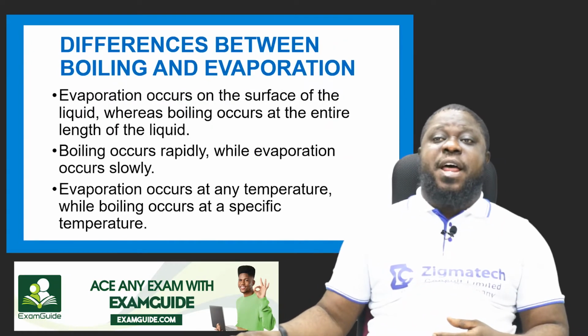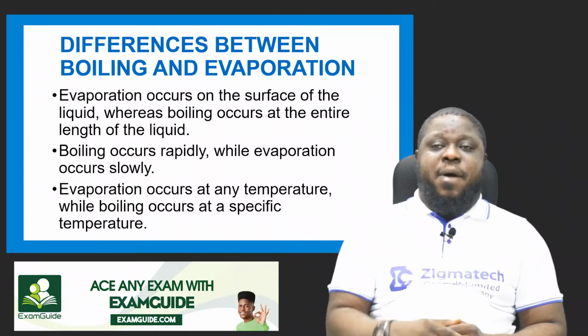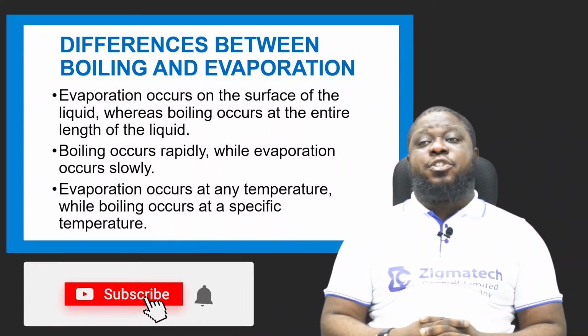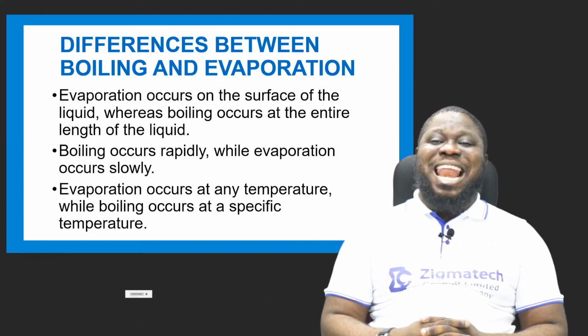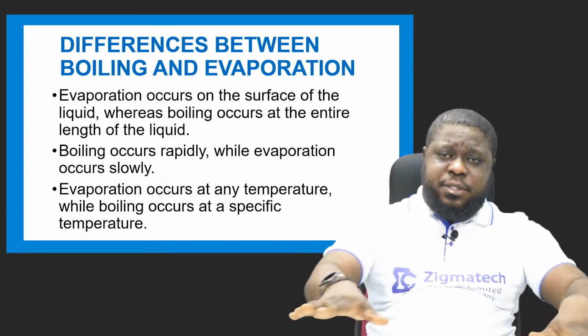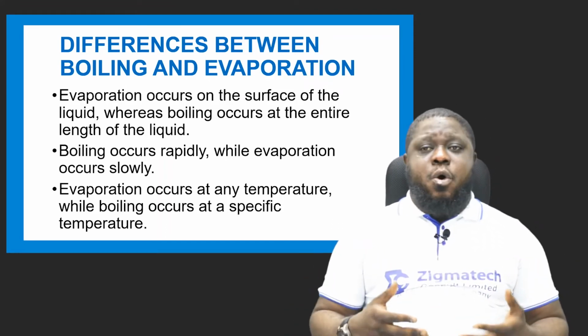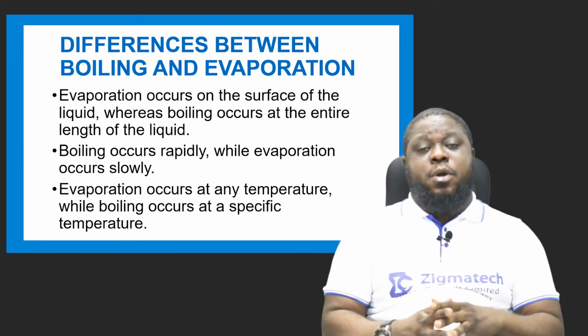Now, differences between boiling and evaporation. Evaporation occurs on the surface of the liquid, whereas boiling occurs throughout the entire length of the liquid. What does it mean? Evaporation is only on the surface. So if the molecules do not come to the surface of the liquid, evaporation will not occur.